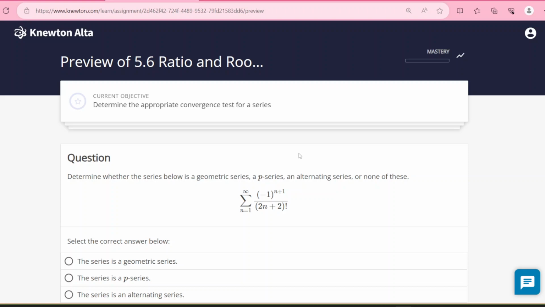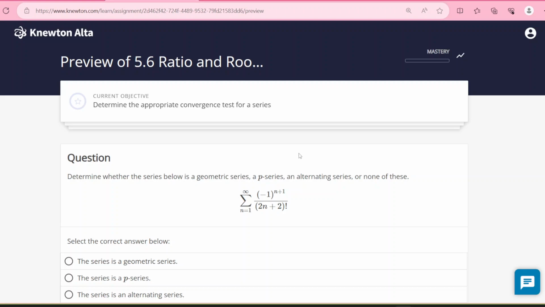Then you had an integral test. If the terms that you were adding up were positive and decreasing to 0, you could do an improper integral, integrating a function that matched the sequence. And if that integral converged, so did the series. And if the integral diverged, so did the series.